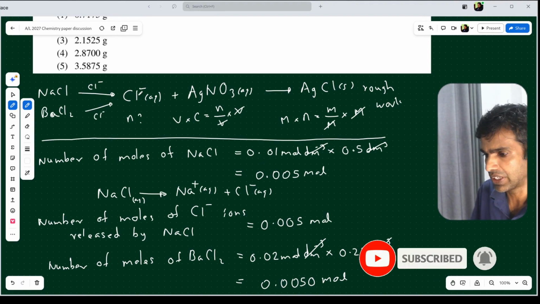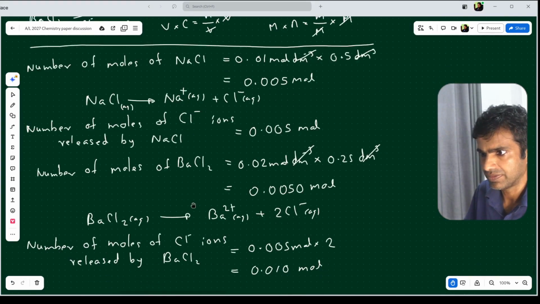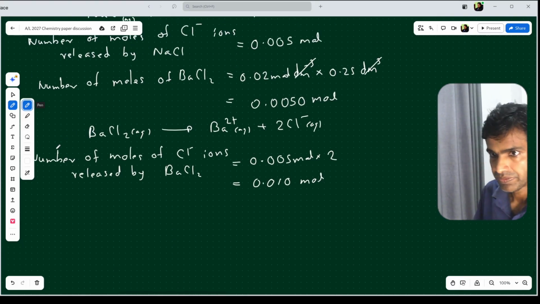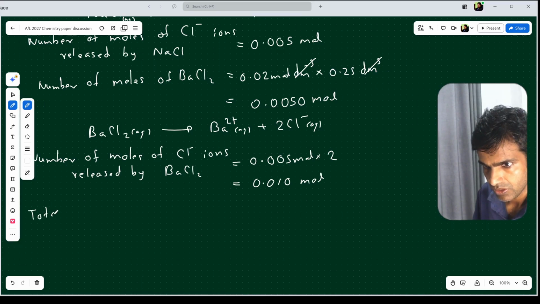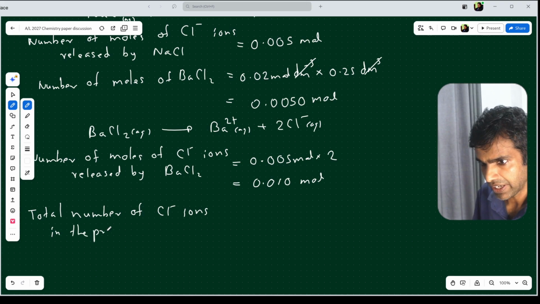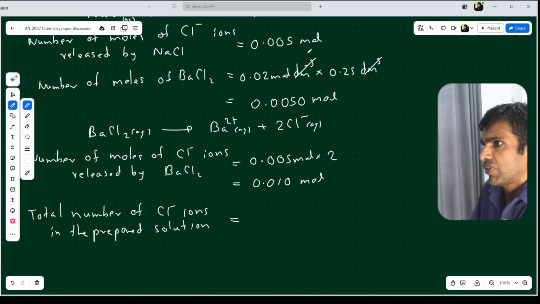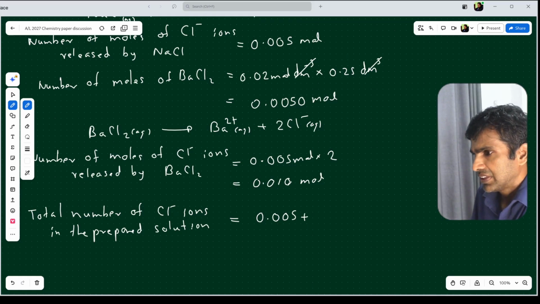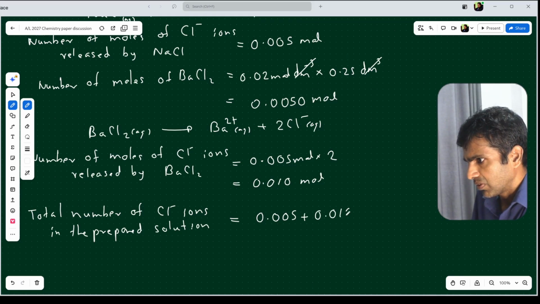Then we can add those two to get the total number of chloride ions in the prepared solution. 0.005 moles from sodium chloride, 0.010 moles from barium chloride.